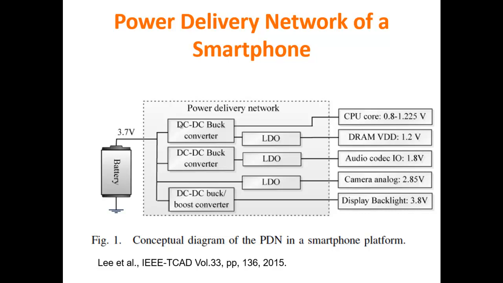Then the other important subsystem that needs to be provided with power is the dynamic RAM banks. DRAMs, of course, need a supply voltage that is usually constant and different from that required by the CPU, basically because there's no need to adjust the supply voltage.